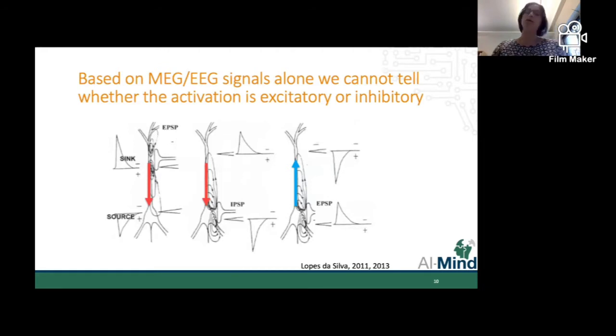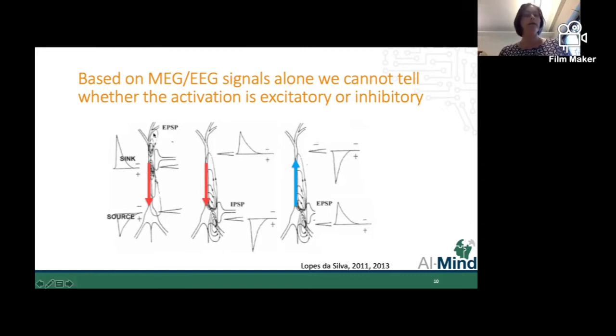So what about whether the currents that we measure are excitatory or inhibitory? Can we tell this based on MEG and EEG signals? It turns out no. Only based on our MEG-EEG signals, we can't really say whether the activity would be excitatory or inhibitory. So here we have an illustration of excitatory and inhibitory synapses and what happens to the current.